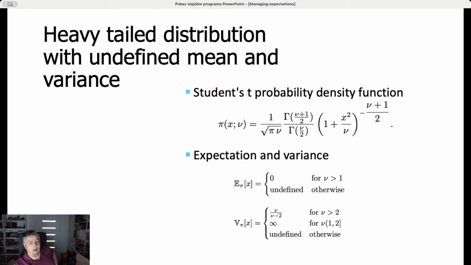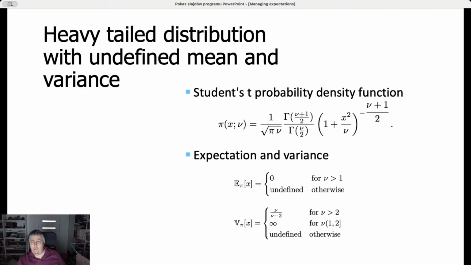Generally those heavy-tailed distributions say, okay, it is possible that an outlier will happen. Like, for example, a genius will pop up in a population which has a normally average IQ. This is possible. Under normal distribution, it is practically not possible. In case of heavy-tailed distribution, it's still not probable, but certainly much more likely.